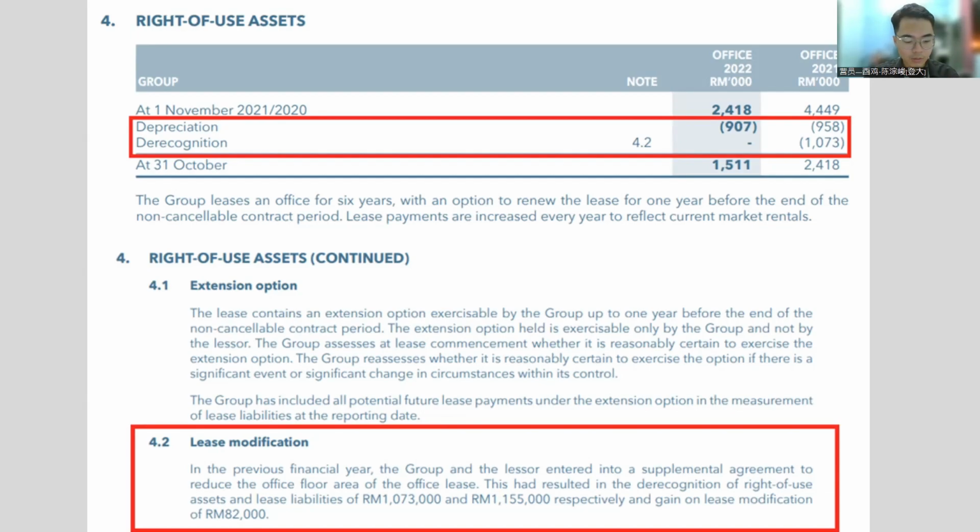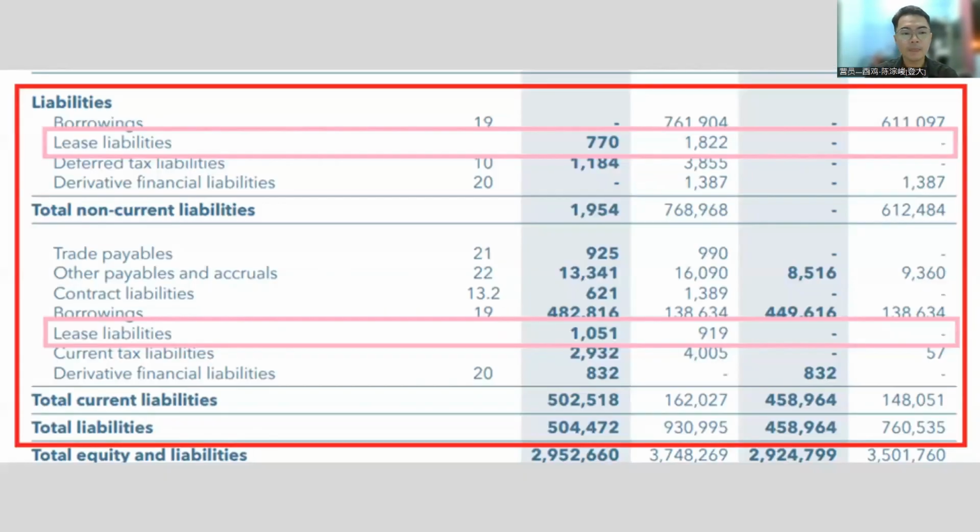This is according to MFRS 16 paragraph 46 subsection A. So we know that they have lease modifications in this group.